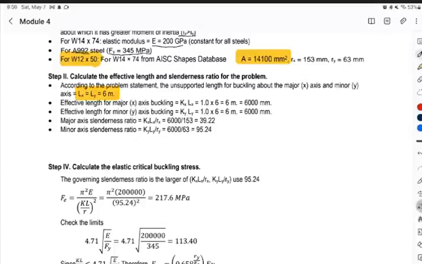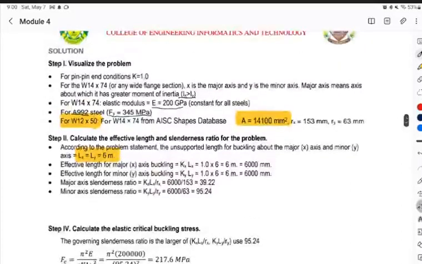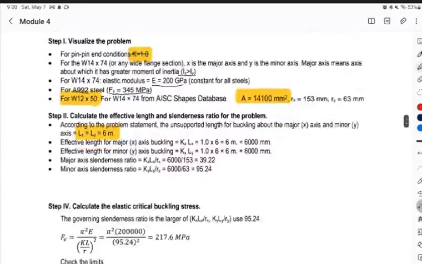Then the effective length factor, since our K is 1.0 here, our KXLX, that's the effective length along the major axis, is 1.0 times 6, which is 6 meters, or 6,000 mm. It's true for the minor axis since wala naman magbabago. KYLY is also 6,000 mm.